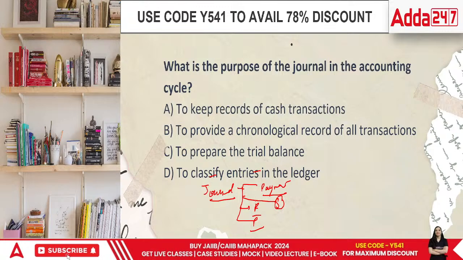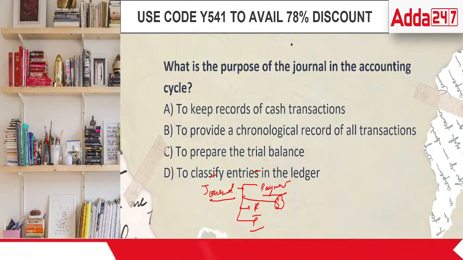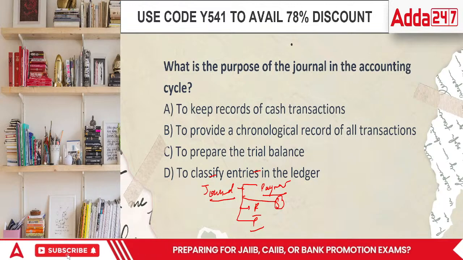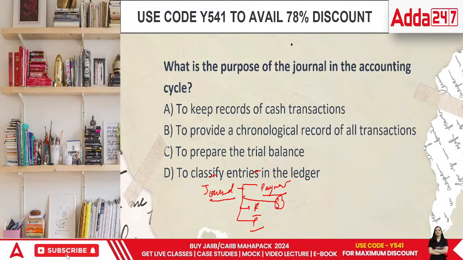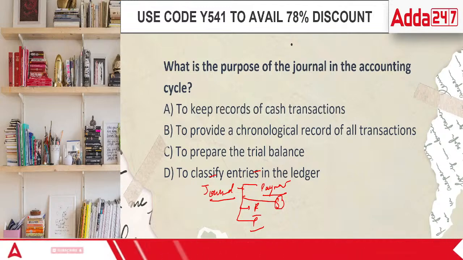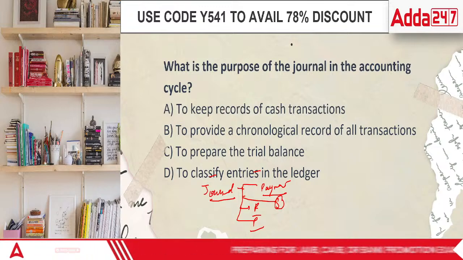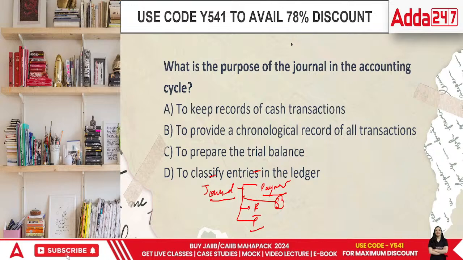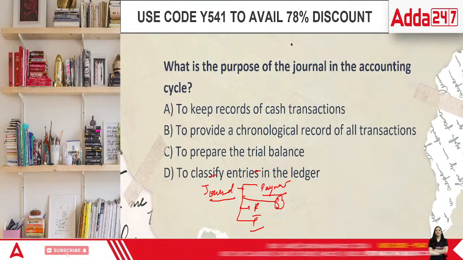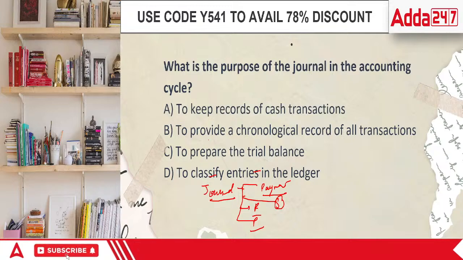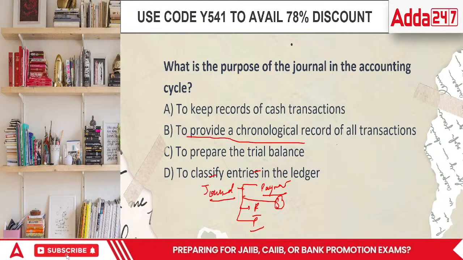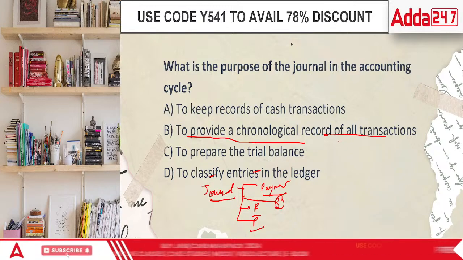What is the purpose of journal? To record cash transactions, to record in a chronological order, to prepare the trial balance, or to classify the entries. That is to provide a chronological order of all the transactions.